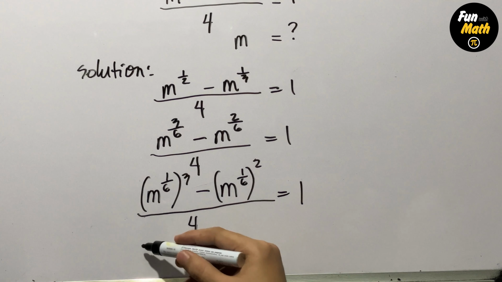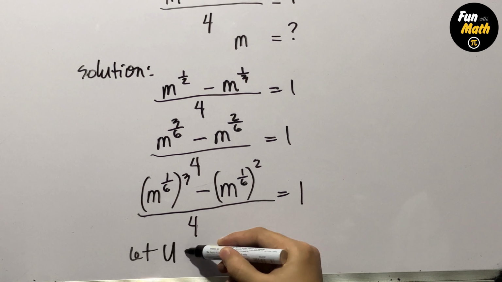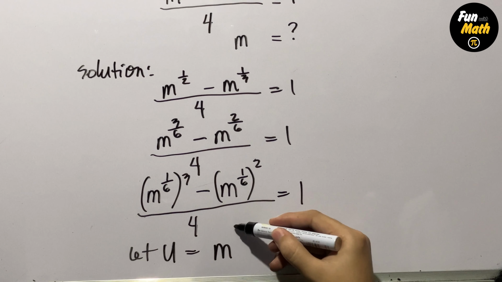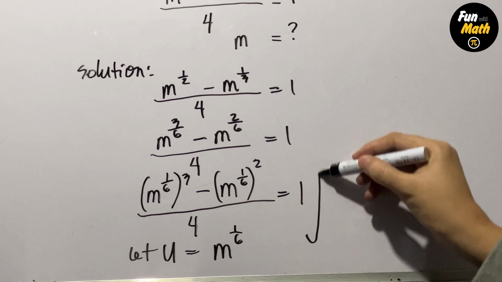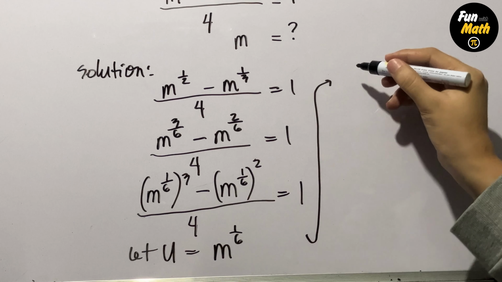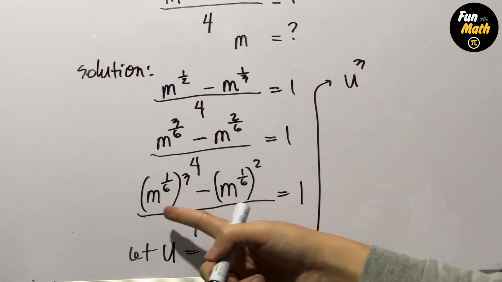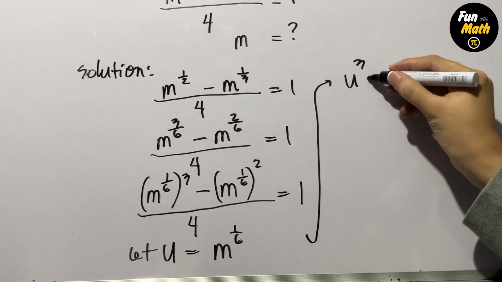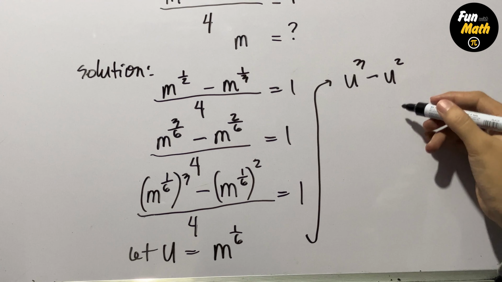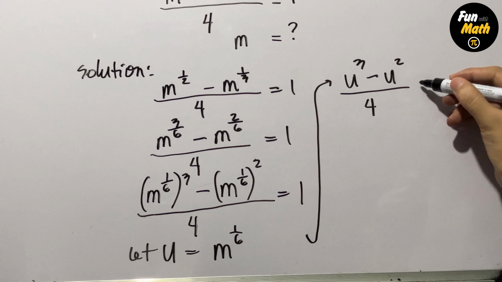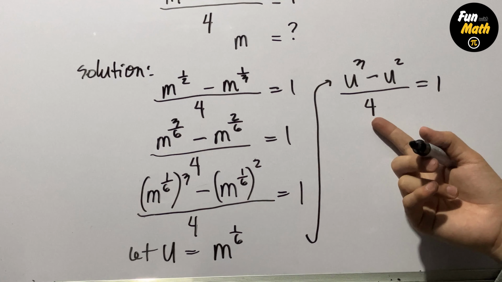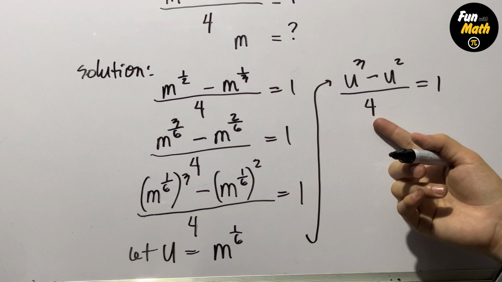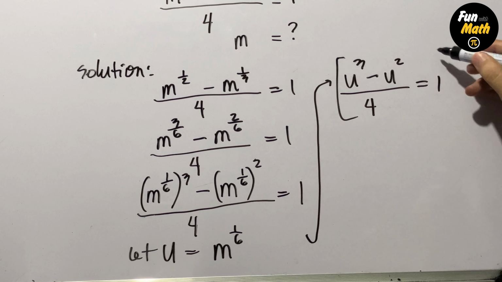Next, we can let u be equal to m to the power of 1/6. So we write this now as u cubed. Here we replace: (u cubed minus u squared) all over 4 is equal to 1. Now we are going to isolate the denominator 4 by multiplying 4 on both sides.